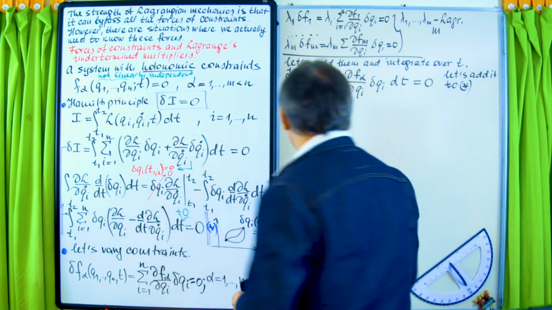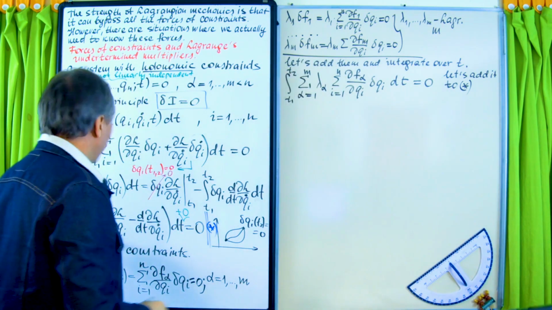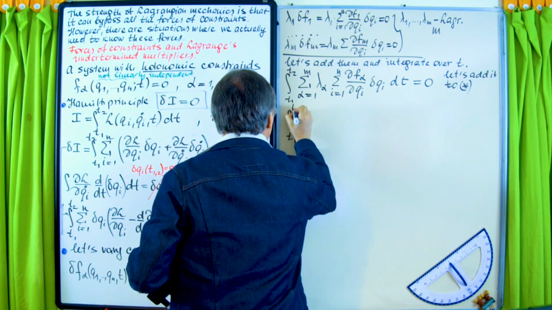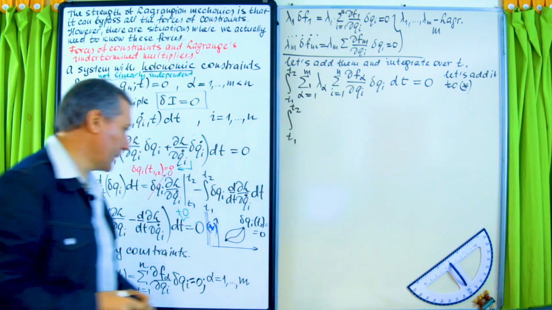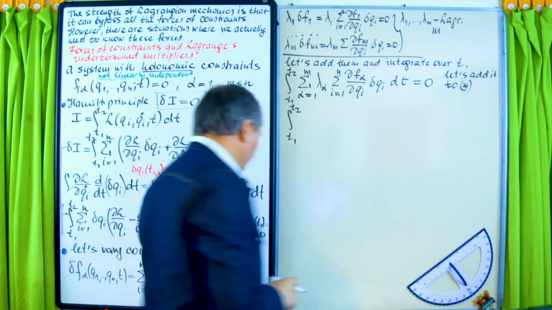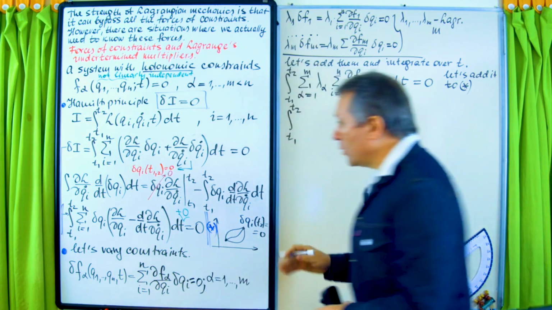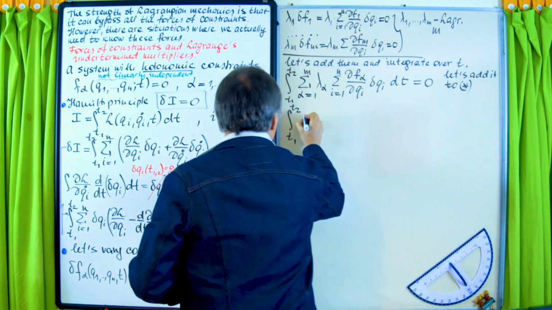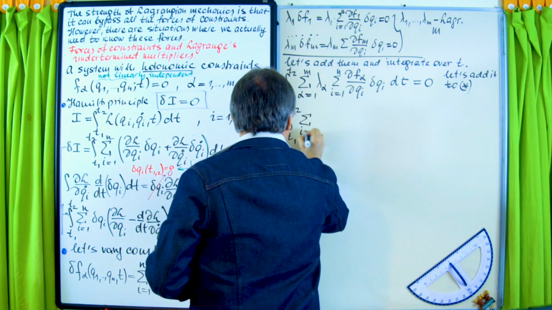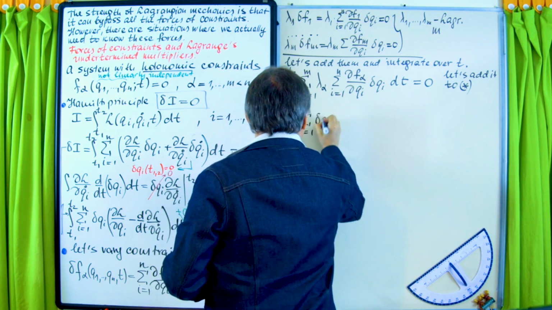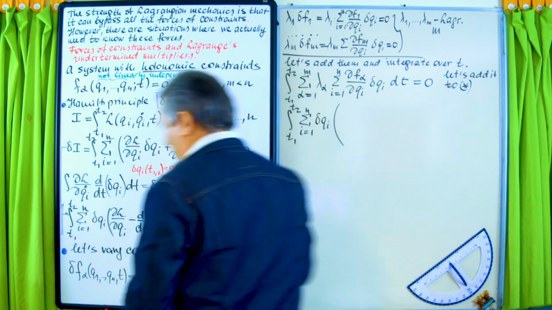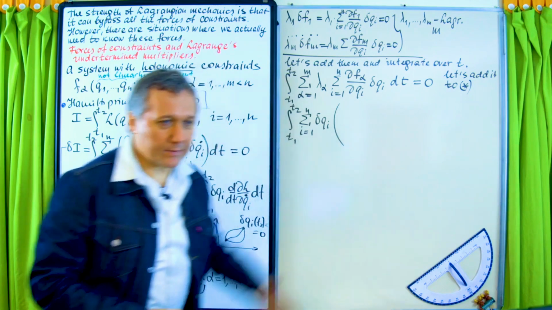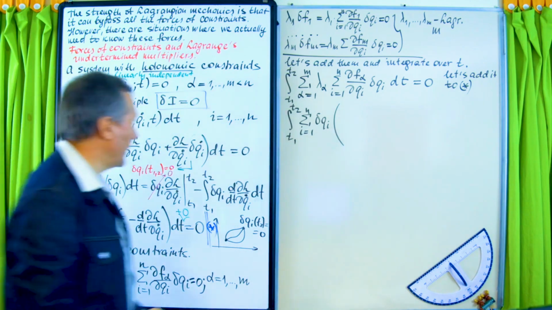Okay, so as a result, of course, I will have to rewrite it. So it will be the integral from t1 to t2. The summation over I I want to take outside. So let me start with summation over I from 1 to n, delta qi, and then the rest, except for dt, I will combine in the brackets inside. dt will be all the way at the end.